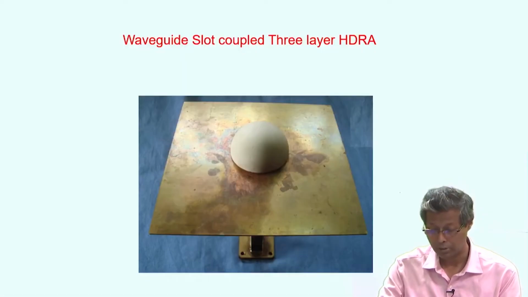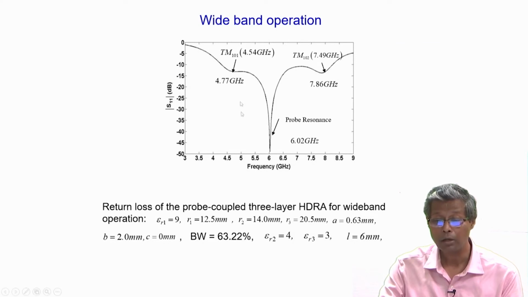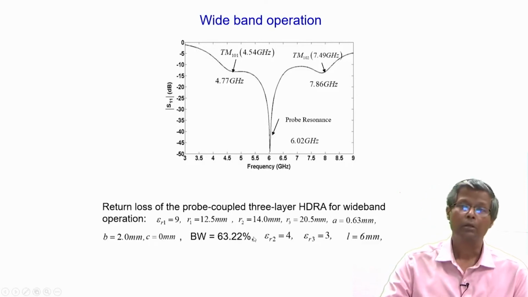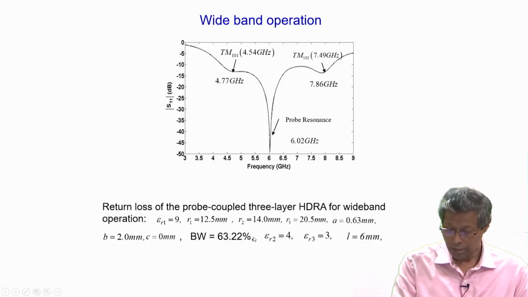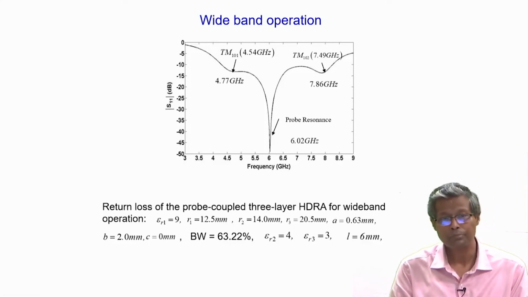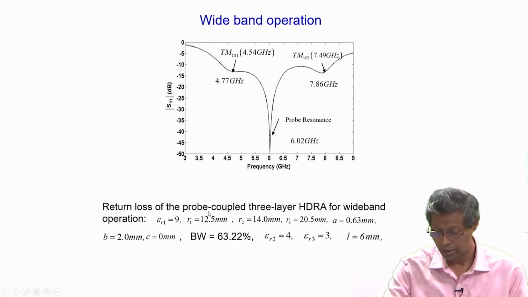So, they all contribute to have a wide impedance bandwidth of 63.22%. So, this ends our part with the probe excitation or probe coupled structures.